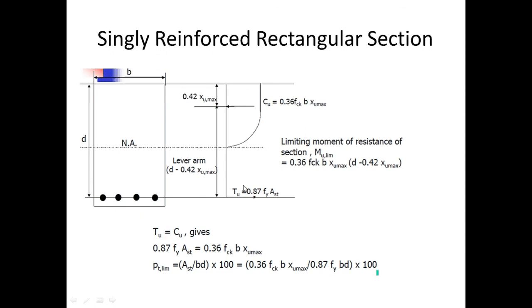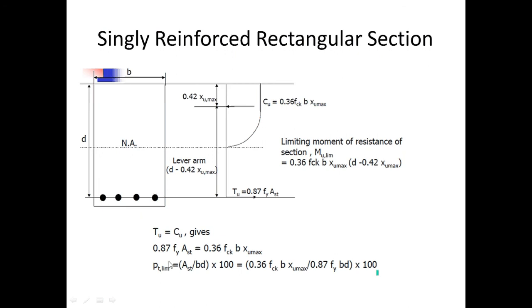We know the amount of tensile force is fy into Ast, that is, the allowable yield stress into the area of the rebars, divided by the factor of safety of 1.15, which gives about 0.87. Then we calculate the compressive force, that is 0.36 fck into xu max into the breadth of your section, which gives the compressive force. This compressive force must be equal to your tensile force. So this is how we have made it.